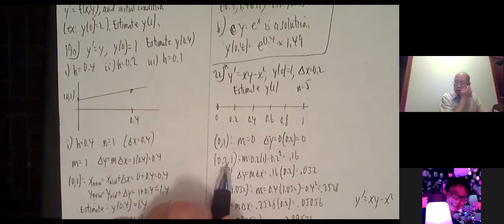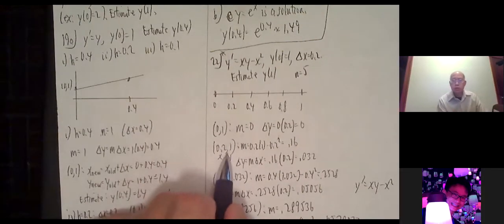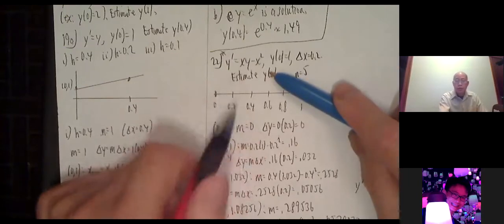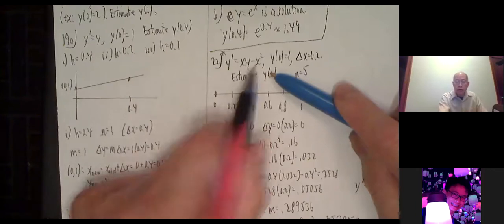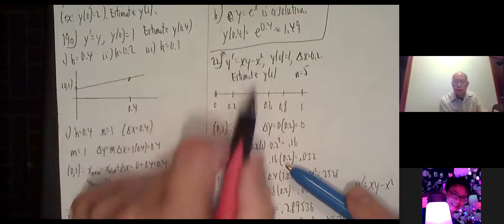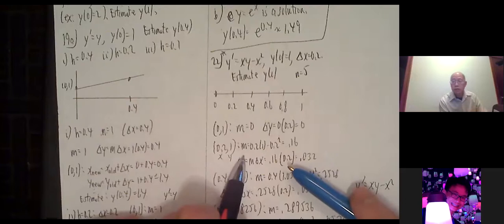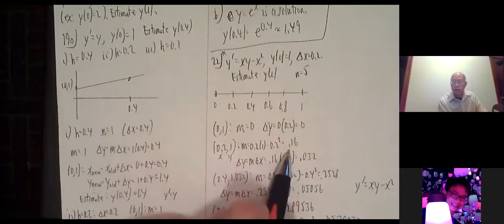So 0.2, 1. Now the computation gets tougher. What's the new slope? What do I plug in? I plug in x is 0.2, y is 1. So 0.2 times 1 minus 0.2 squared. Punch it in a calculator, 0.16.